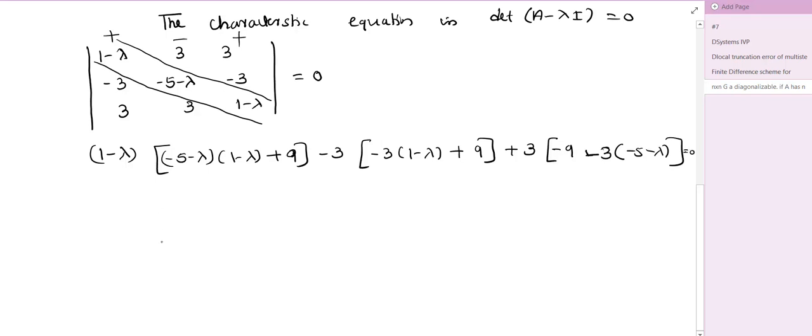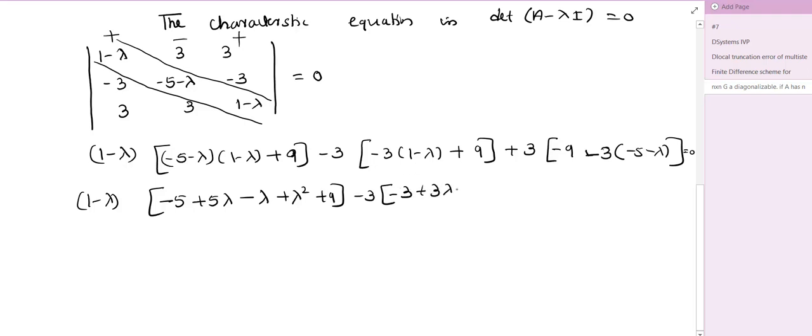Now you have to simplify this. Here you can take 1 minus lambda times plus 5 lambda minus lambda plus lambda square plus 9. So minus 3 into, inside it, minus 3 plus 3 lambda plus 9, plus 3 into minus 9 plus 15, then plus 3 lambda, which is equal to 0.